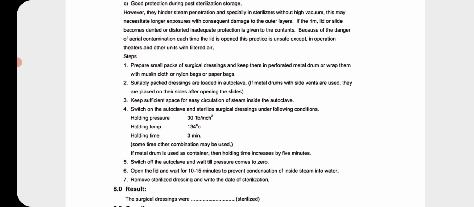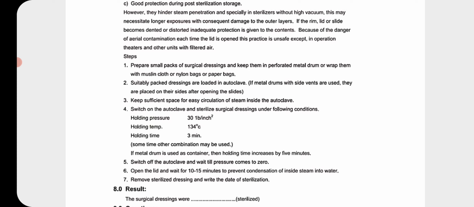If metal drums with side vents are used, place them on their sides after opening the slides. Keep sufficient space for easy circulation of steam inside the autoclave.